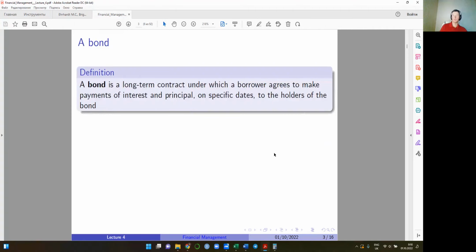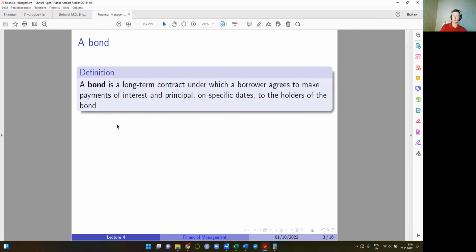So let us start with the definition. What are we talking about? What is a bond? A bond is a long-term contract under which a borrower agrees to make payments of interest and principal. So there are two types of payments, interest and principal, on specific dates to the holders of the bond.